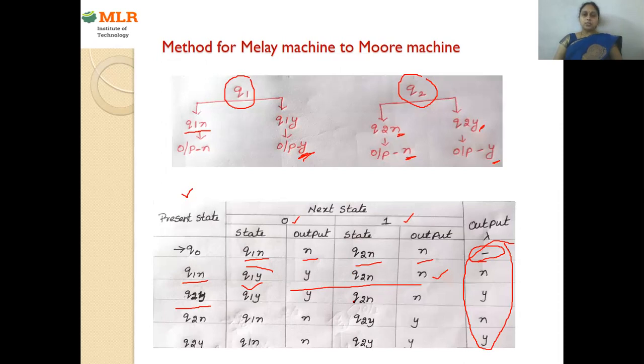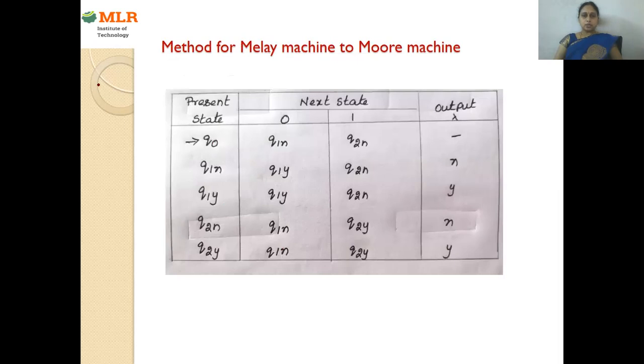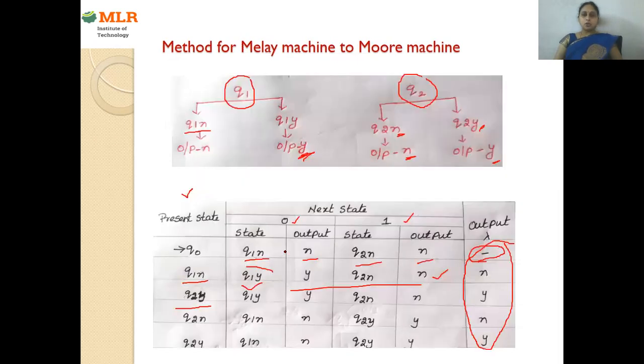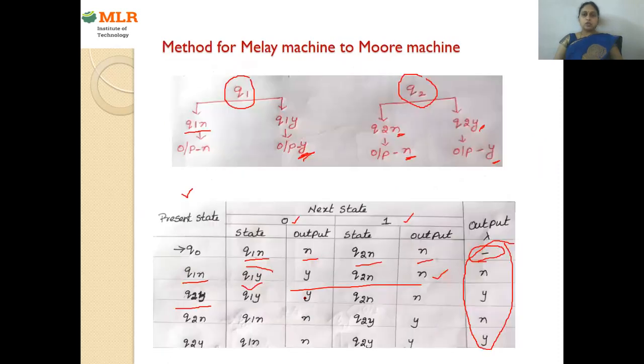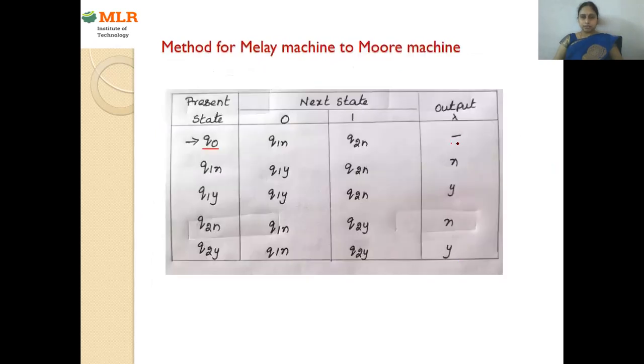Now, how to represent the outputs? Observe here on Q0. On Q0, are you finding any output over here? We have only the outputs for Q1 and Q2, which are differentiated with N and Y. But for Q0, you don't find any output. That's why we are placing it as NT.